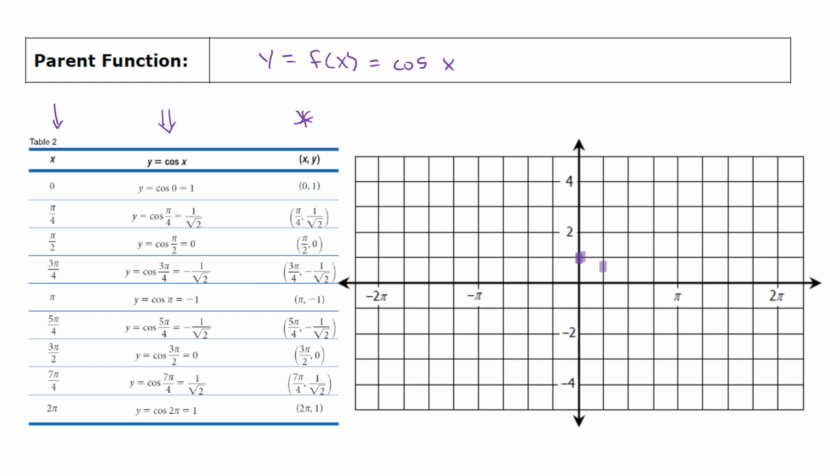Then we have pi over 2, 0. Then negative 0.7, then negative 1, then negative 0.7, then 0, then 0.7, and then 1. And so now we can connect these dots.